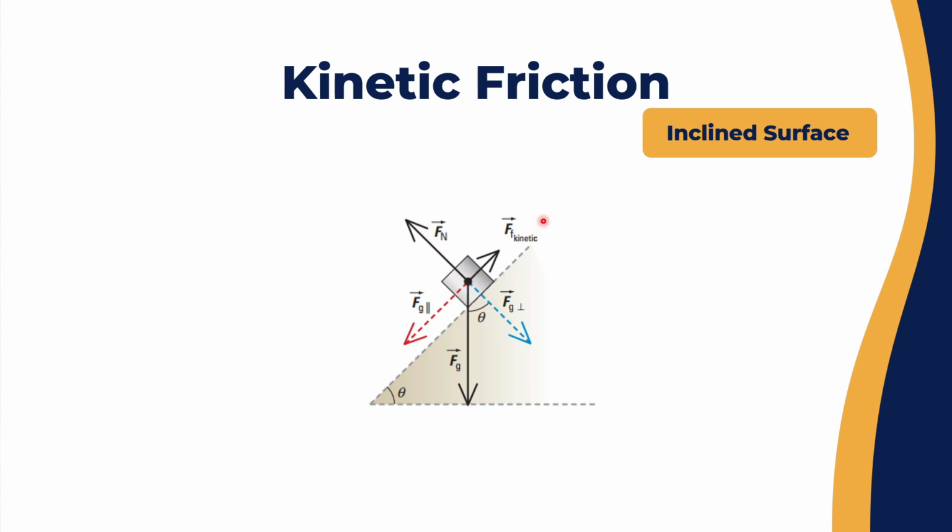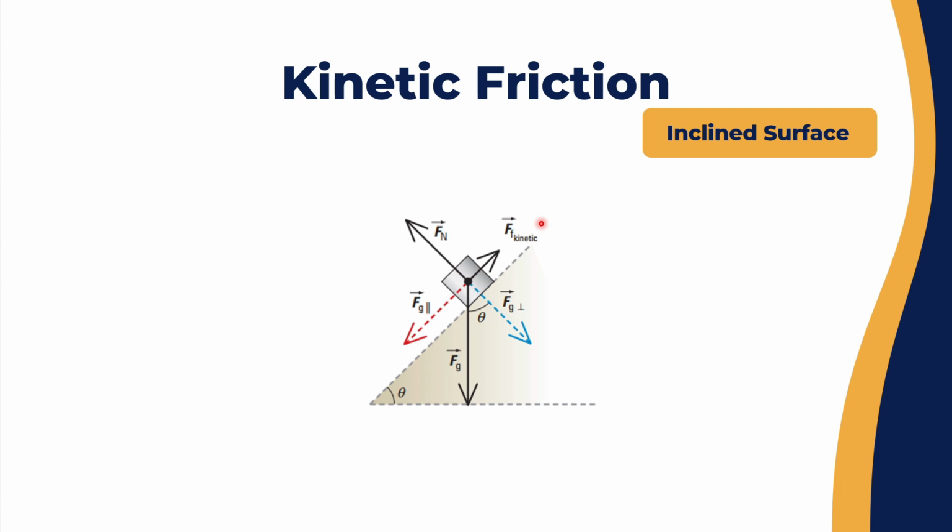It's like you're setting the x-axis to be parallel to the surface of inclination and the y-axis to be perpendicular to it, just to make life easy when solving related problems. So we can see here there is the parallel gravitational force pulling the object downward on the inclined surface, and the kinetic friction force is pulling backward against the motion of the object, trying to stop the object from moving.